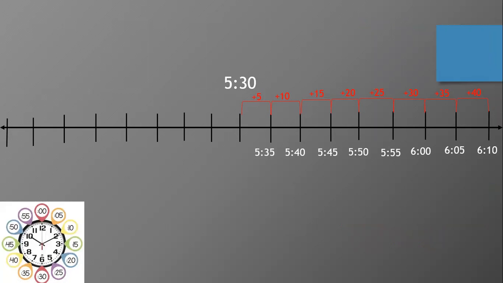Okay, going backwards, we have minus 5, minus 10, all the way to minus 40. And just as we did with our clock, we can go ahead and count those intervals. And as we see, we get the same answers as before.